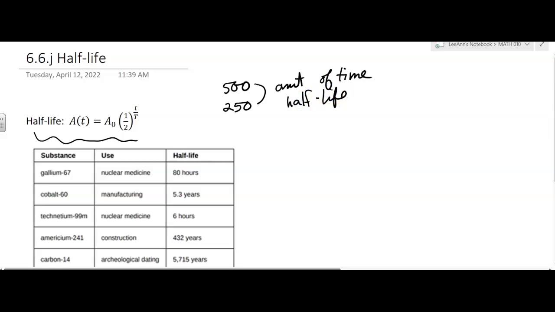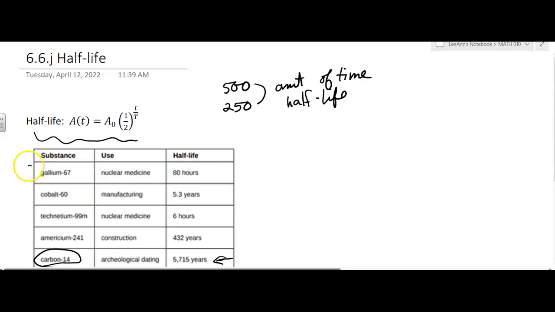Okay, they give us a chart here for these different substances. These are all isotopes. Carbon-14, you may have heard of that. They use that in carbon-14 dating. It has a half-life of 5,715 years. So they can find a fossil, figure out how much carbon-14 is in it, and figure, with mathematics, how old the bone or the fossil is.